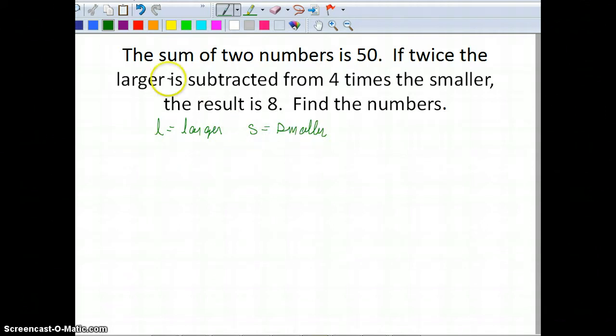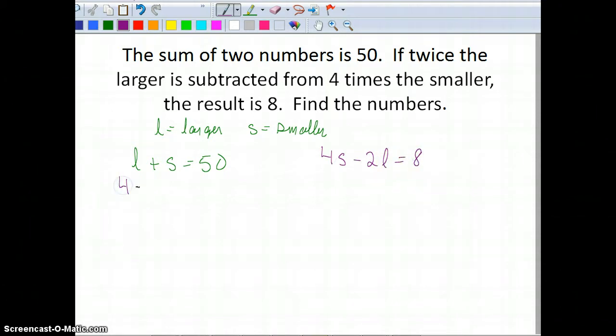So now when I go through, the large number plus the small number is equal to 50. And if twice the larger number, that means 2 times L, is subtracted from 4 times the smaller, let's see, 4 times the smaller number minus 2 times the larger number is equal to 8.